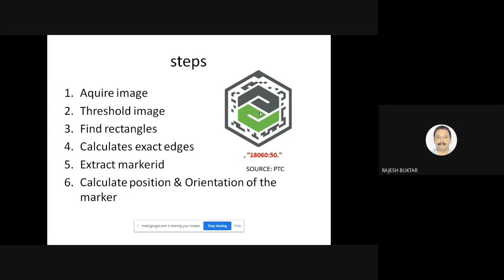Since this contrast is created, it is easy for the computer to identify the pattern available on the ThingMark. Then: find rectangles, calculate exact edges, extract marker ID. There you can see in the red color I have given the marker ID, and then calculate position and orientation of the marker, which happens with the lot of sensors available with the smart mobile.